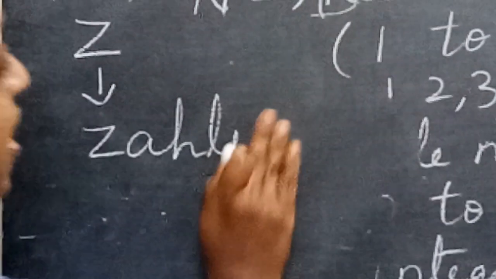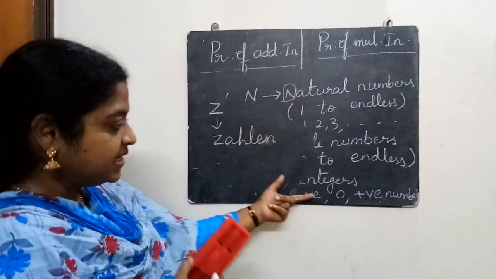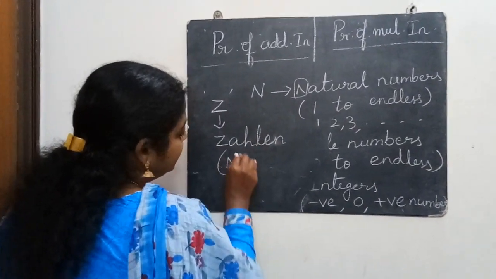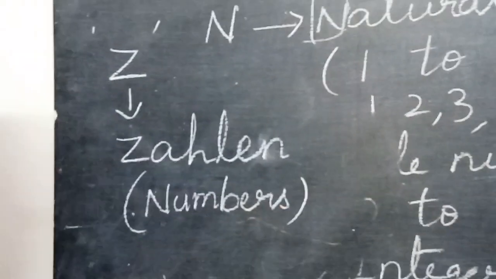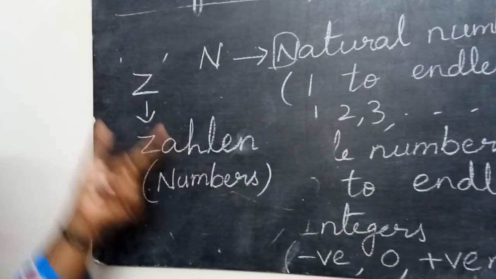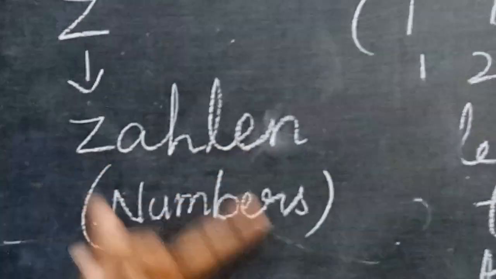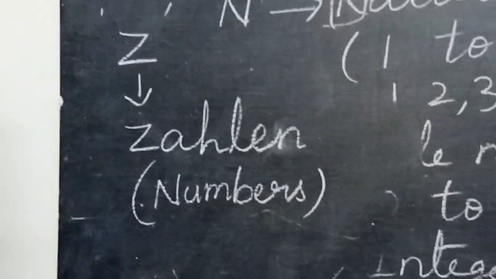Zahlen. This word denoted as Z for integers because the meaning of Zahlen is numbers. Integers are denoted by the letter Z, and the meaning of that Z is Zahlen. Zahlen means numbers, and this Zahlen is taken from the German word. Okay, clear, children?